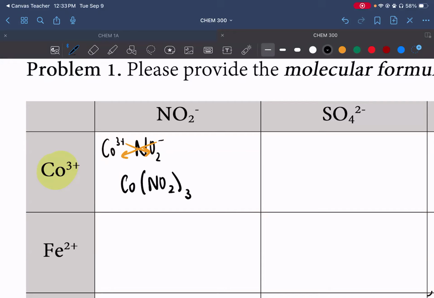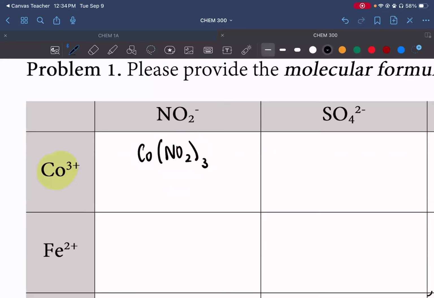I do encourage you in your practice to also try to name the compounds that result. It's not an explicit question on the worksheet, but it's good practice regardless. Because after getting the formula right here, we can name this. The transition metal, the cation, is unchanged. It's cobalt. Because it's a transition metal, we do need the charge in Roman numerals.